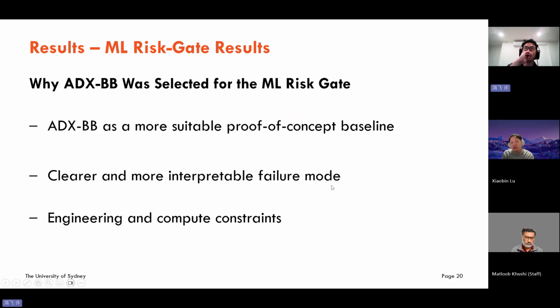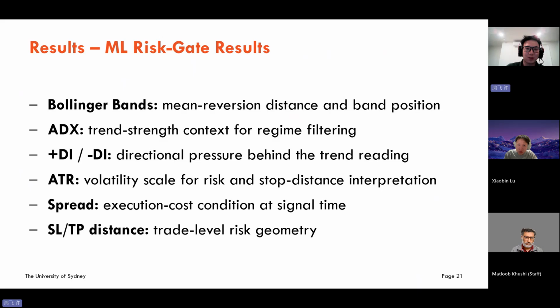I use the indicator parameters I have in the strategy as the data set, so it's pretty clear. And for engineering and compute constraints, my computer went down a lot of times running that program, so I only got to do one.